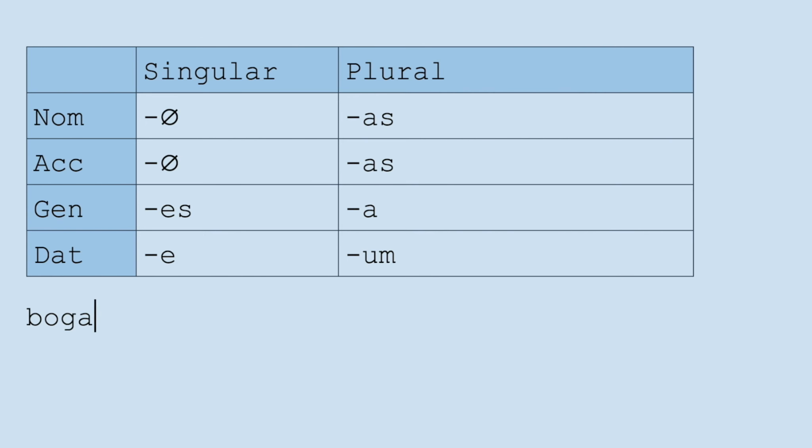How would you refer to your more than one bow? You'd say bogas. Say that you like a particular bow's color. How would you refer to the color of that singular bow? If you said bogais, you're right.